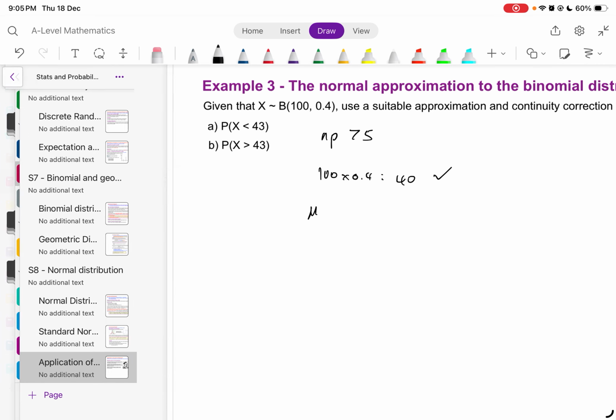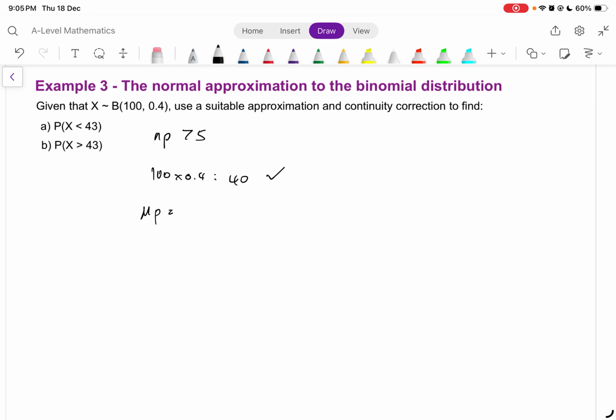So hence, in this case, mu is equal to 40, and our variance is equal to 24, which is 40 times 60 over 100. So we can represent it as a normal distribution for approximation: 40 and 24.